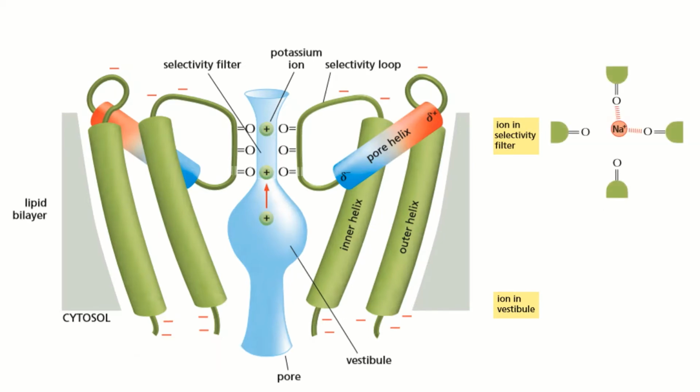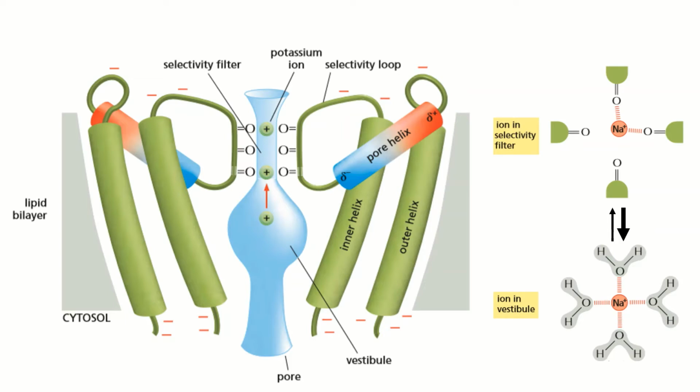However, we have another ion present in cells called the sodium ion, and the sodium ion is relatively smaller than the potassium ion. As you can see here, as it passes through the potassium channel, there are some parts of the channel where it doesn't fit right, as shown on the upper illustration.